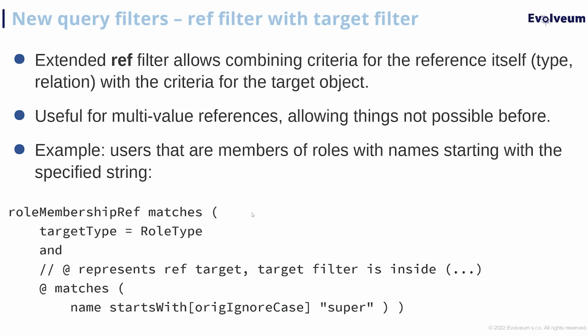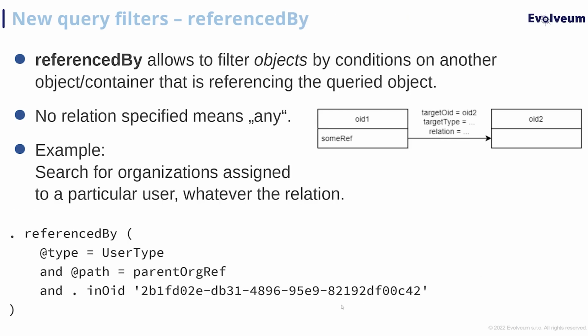But when you have a multi-value reference, you want to apply both parts of that condition to each value of those references, because otherwise you're not interested in a match when one reference is a role type and another reference, perhaps not even a role type, matches this condition. That's not what you want. You want to keep this query consistent. So that's why it's a very important addition to the ref filter.